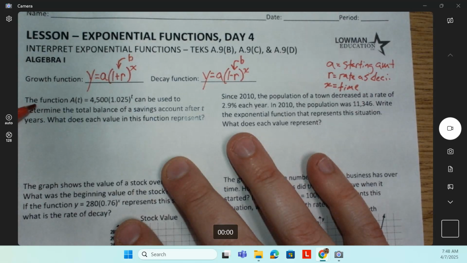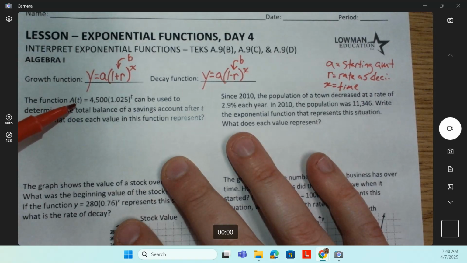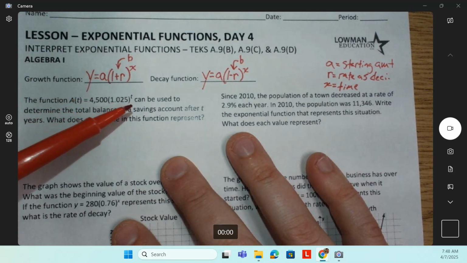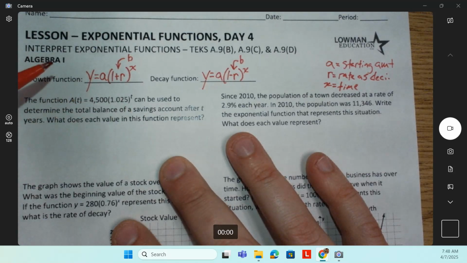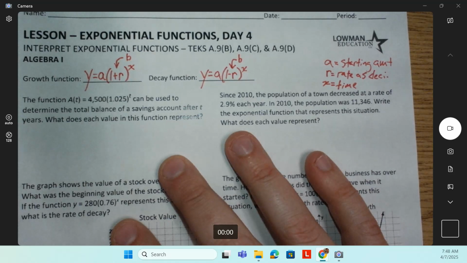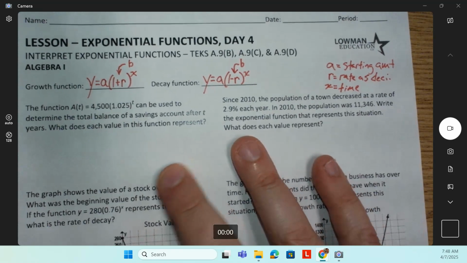So the function A of t equals 4,500 times 1.025 to the t power can be used to determine the total balance of a savings account after t years. So what does each value in this function represent?